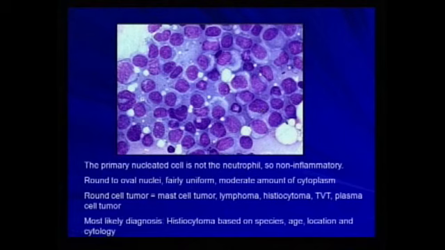And the reason we came up with that diagnosis is based on the species. It's a condition of dogs, the age, generally a young animal, although you can see these in older animals as well, the location, and this cytology. The cells look like histiocytes. They have large nuclei with inapparent nucleoli, and occasionally you will see reniform nuclei.